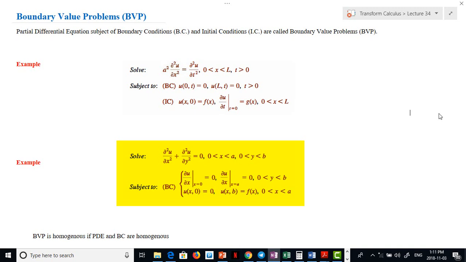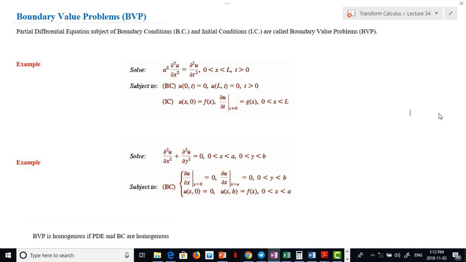And the initial conditions say that u of x and 0 is equal to 0, or u of x and b is equal to f(x). So a boundary value problem can be homogeneous or non-homogeneous. In fact, a BVP, or boundary value problem, is homogeneous if the partial differential equation and boundary conditions are homogeneous.